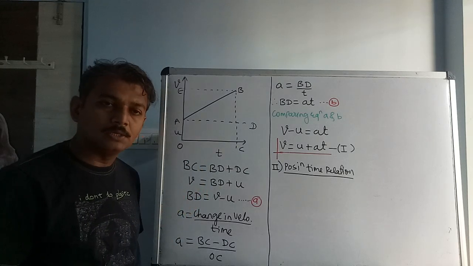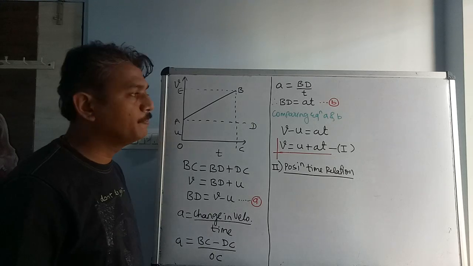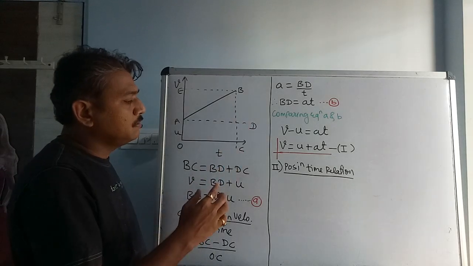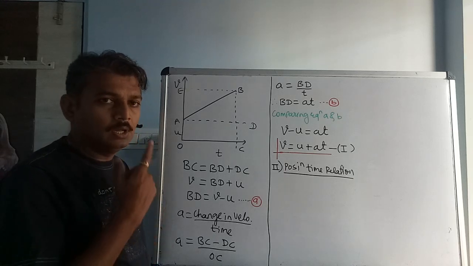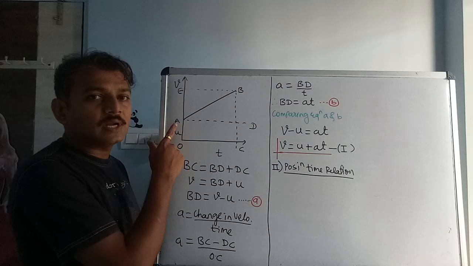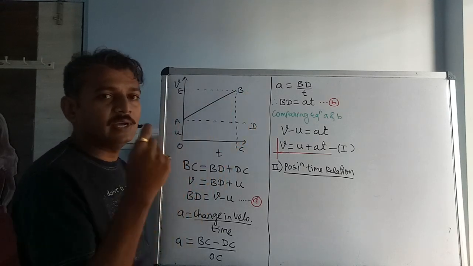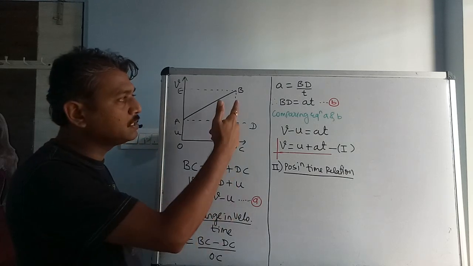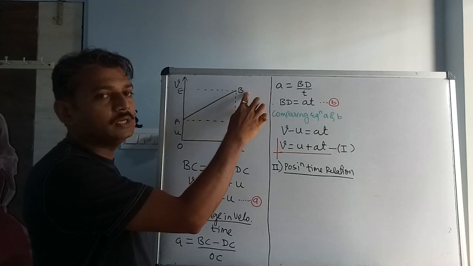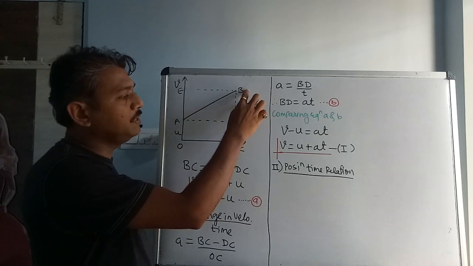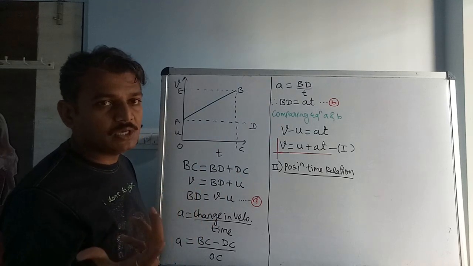So let us start the derivation, which is a very important examination point of view. To start with, I can give you a hint how to start the derivation. The object starts the journey from A and the object ends the journey at B. The hint is our derivation starts where the object ends. It means the object ends the journey here and our derivation starts from B, that is BC. So we are going to represent what is meant by BC.